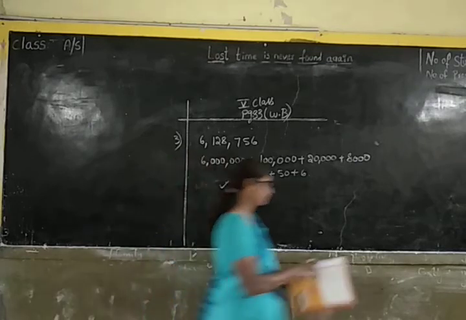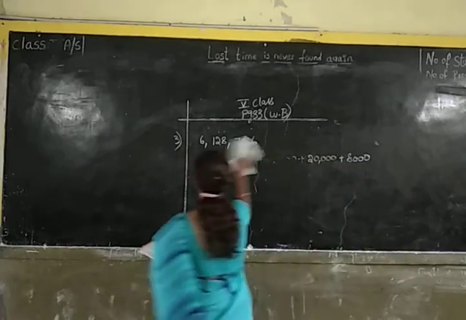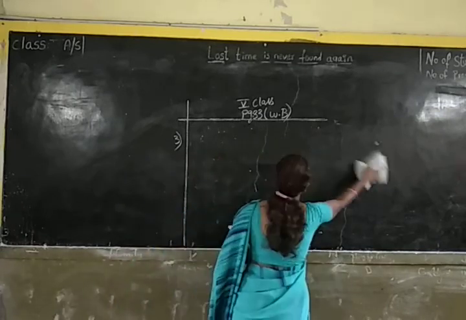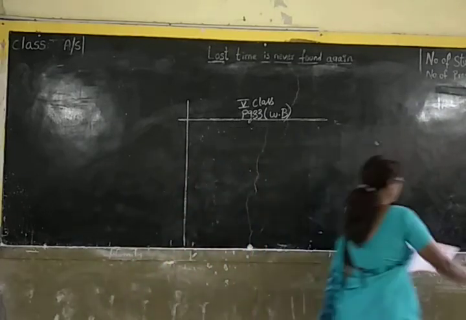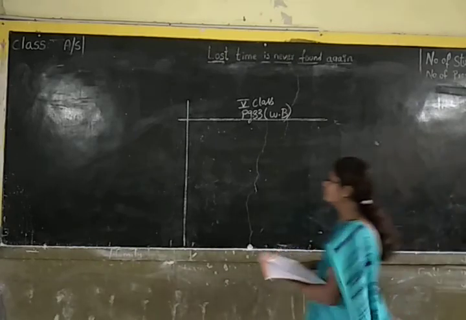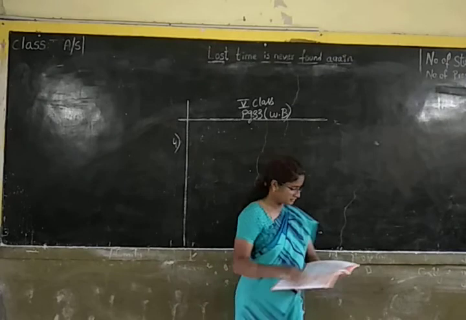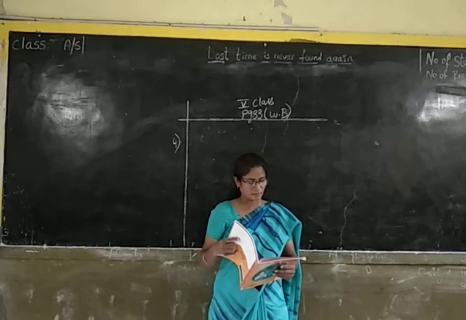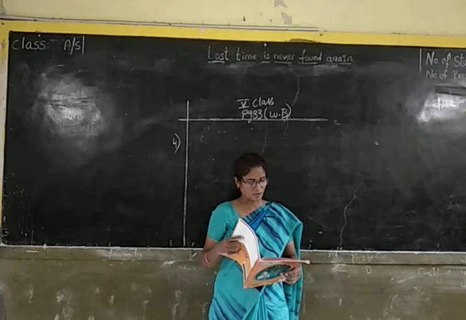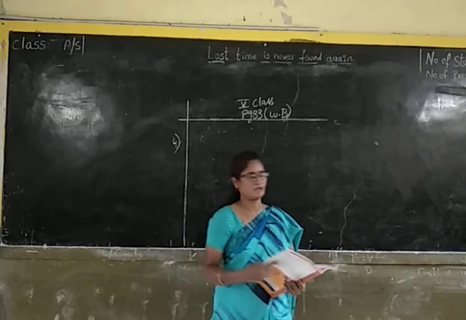Okay children. Now let us do the fourth question. So what is the fourth question? The place value of 4 in 1,458,125 according to the international place value system.